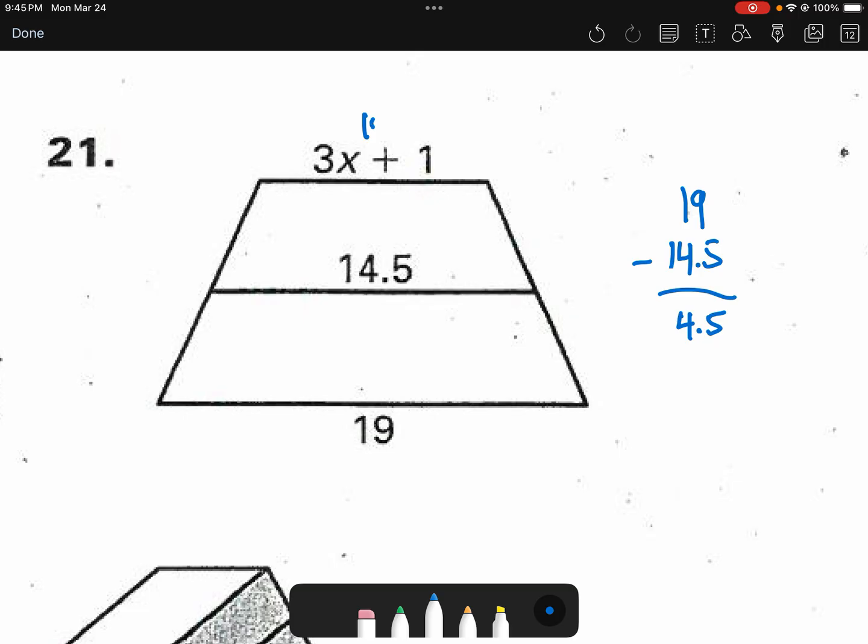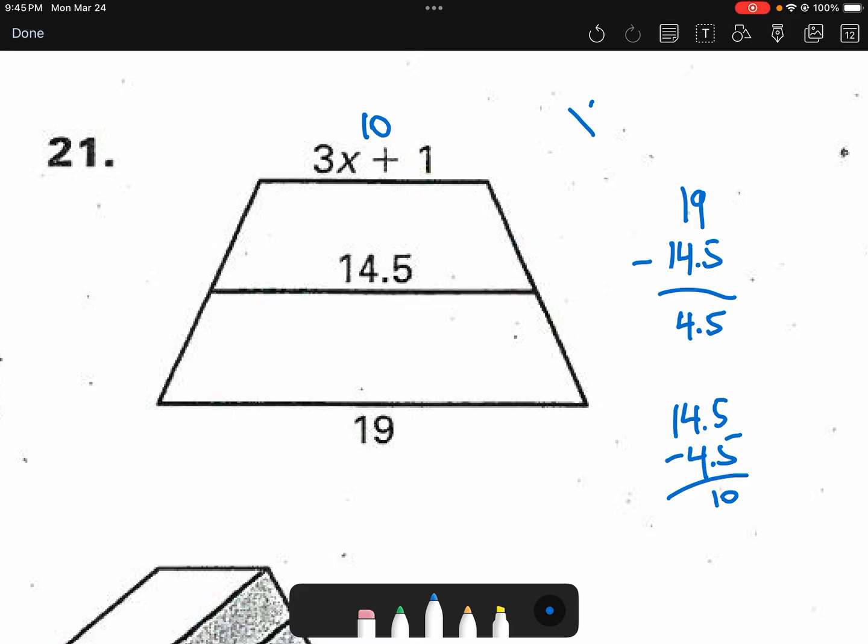That means this guy has to be 10. For it to be the average, these are going to be 4.5 apart, the mid segment and the long base, and then the mid segment and the short base will be 4.5 apart. So all I'm doing there is subtracting again. That's where that 10 came from. And there's other ways to do it. I think that's the easiest way.